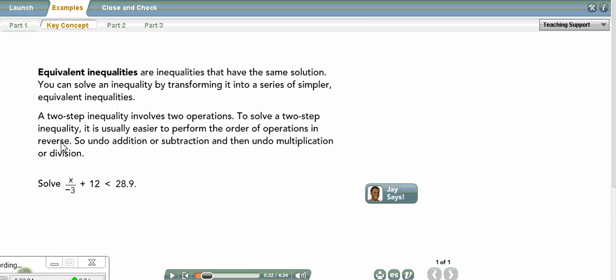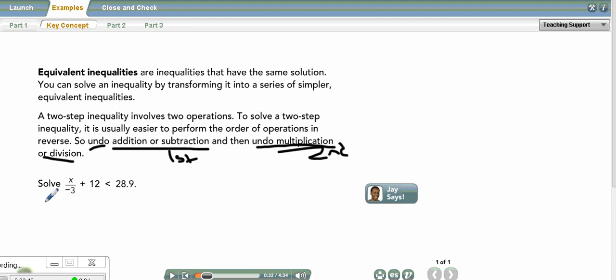Important right here, in reverse. So you're going to do addition or subtraction. Remember, I just told you we're going to do this first, just like we did with our two-step equations. And then you're going to undo multiplication or division. That is your second.